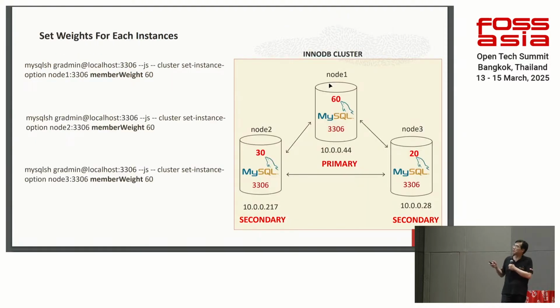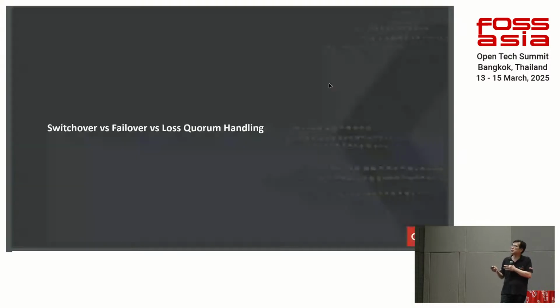Then we have a cluster that helps us do failover with MySQL. And we can also set up the weight. The weight means which node has more probability to become the primary once we do a cluster election.